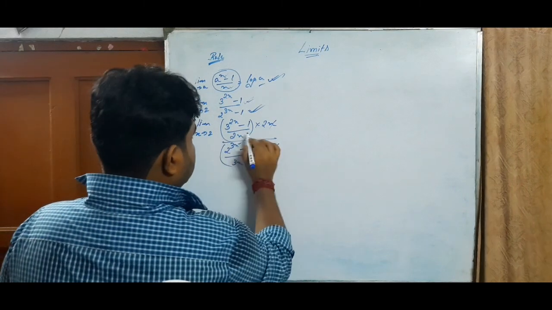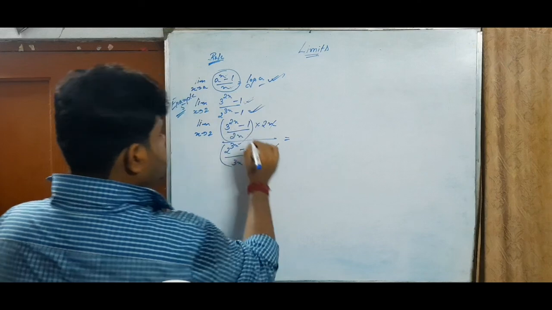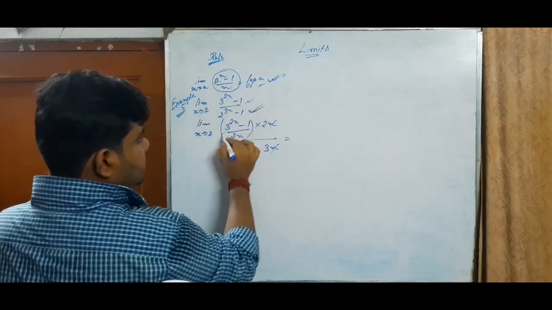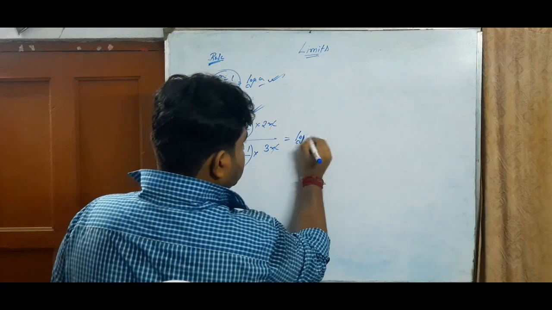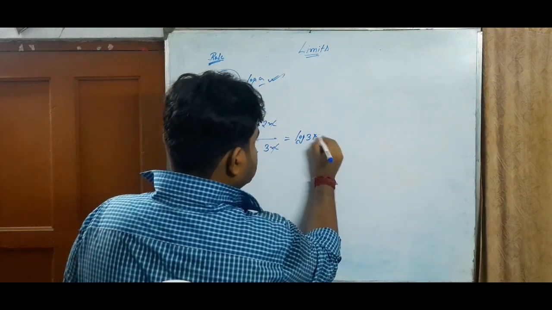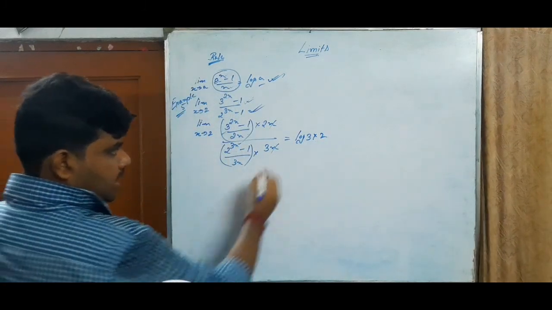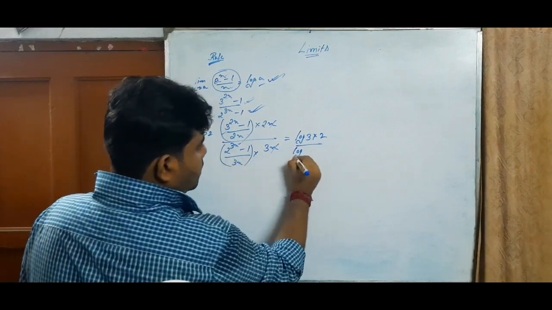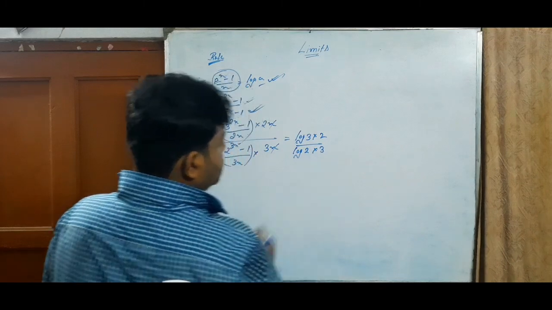So this one we know is log a, here log 3, into 2, and here it is log 2 into 3.